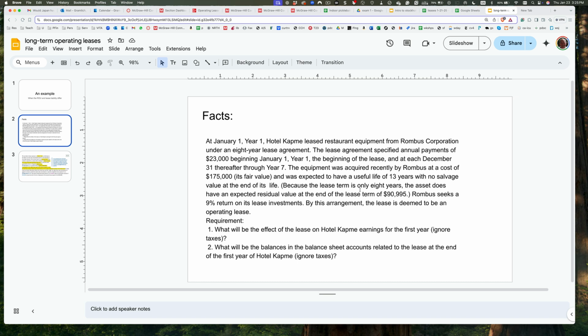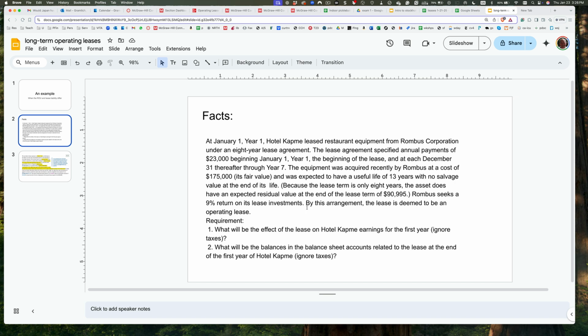Because the lease term is only 8 years, the asset does have an expected residual value at the end of the lease term of $90,995. Rhombus expects a 9% return on its lease investments, and that's stated, so the lessee can use that number.